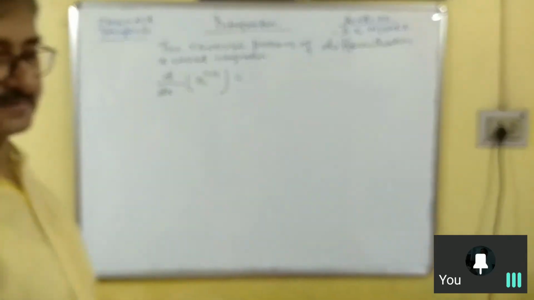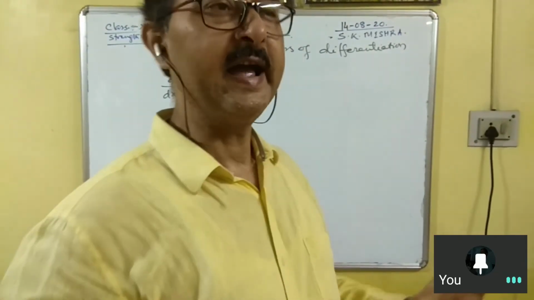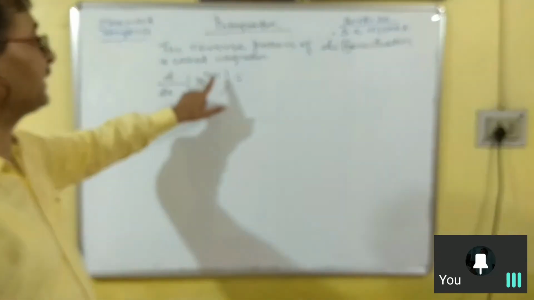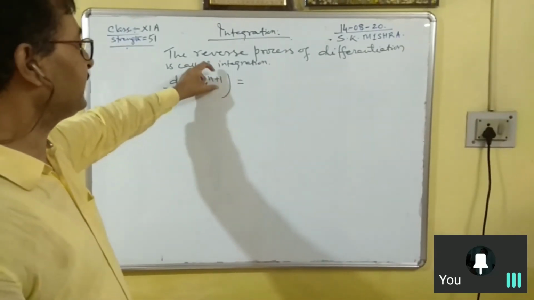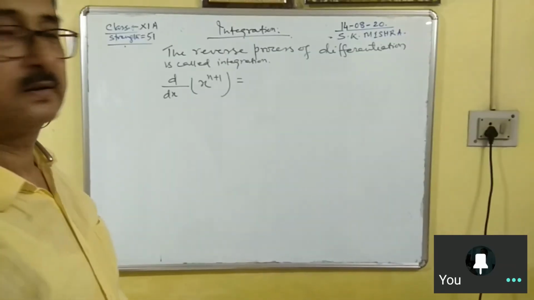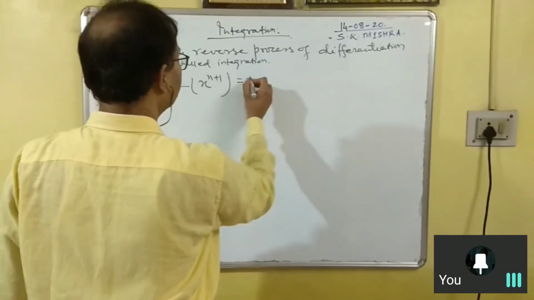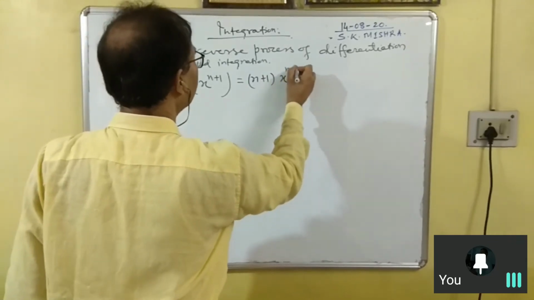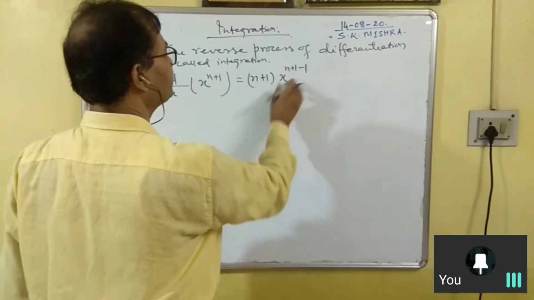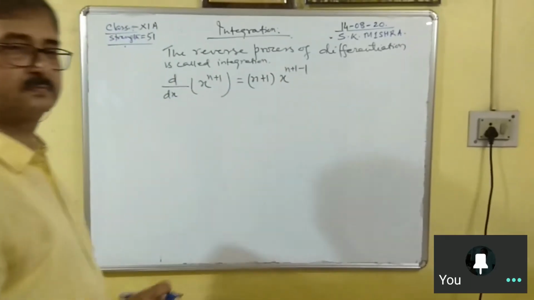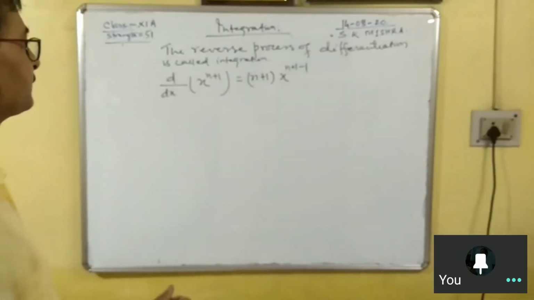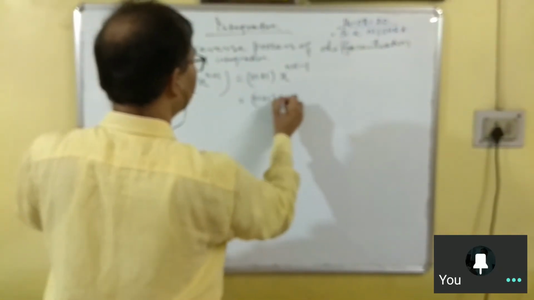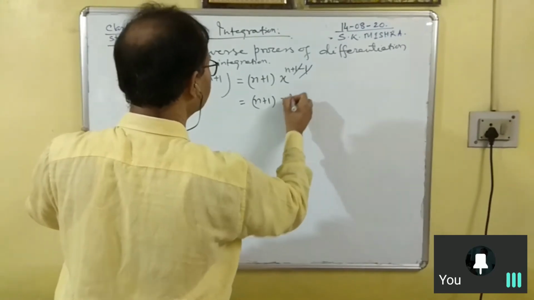d by dx of x^n is n x^(n-1). So what is d by dx of x raised to n plus 1? Instead of n we have taken n plus 1, so nothing will change. Then you write it like this: (n plus 1) x^(n+1-1), which is (n plus 1) x^n. It's a simple formula. So this is n plus 1 times x^n.